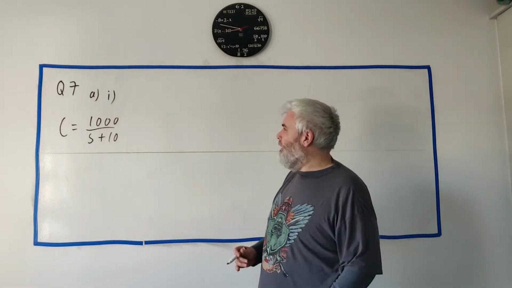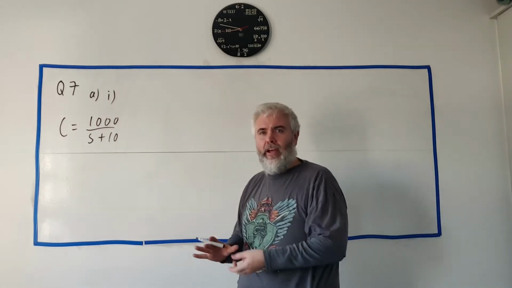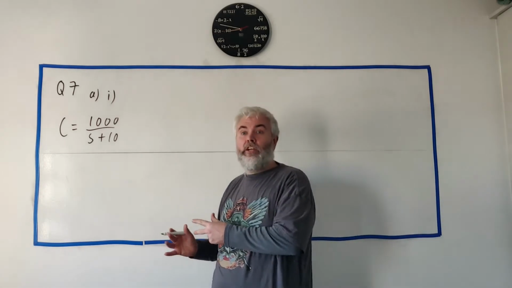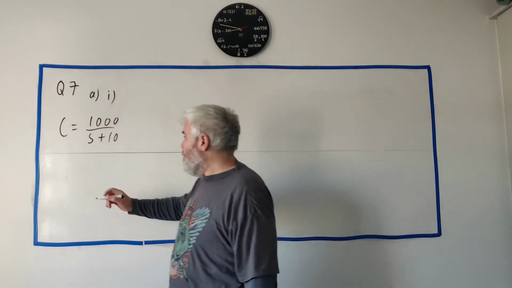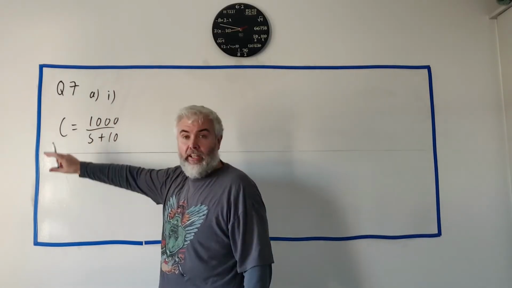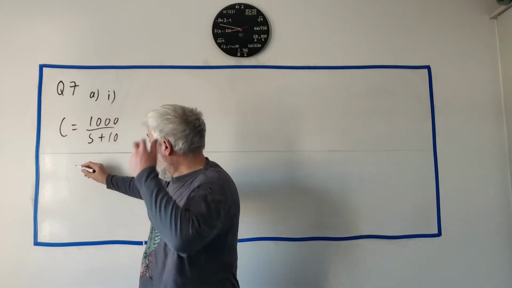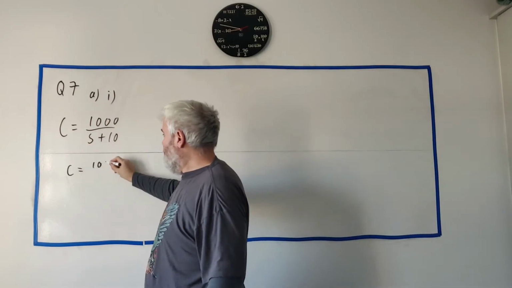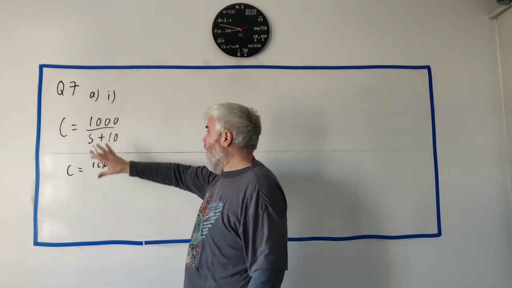So in part 1, forget about any of the science or any of the English words, they just ask us to find C when S is 15. So we know S is 15, find C. We just write C equals 1,000 divided by S plus 10. They're telling us what C is, it's all right here.